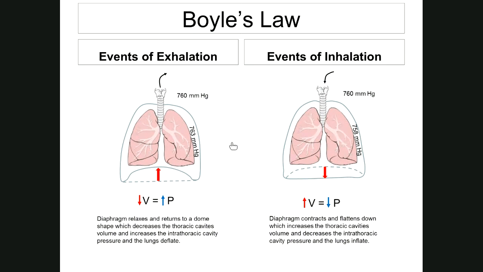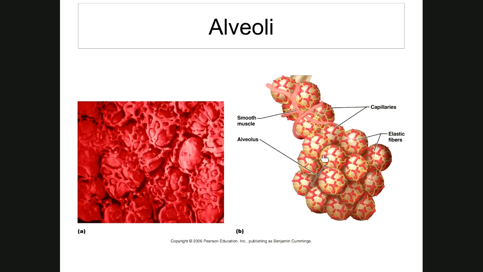Now we have something called eupnea, and that's in your notes. It says normal, quiet breathing. This is only the elastic recoil of the lungs. We didn't look too closely, but let me show you something real quickly. Up here, around these alveoli, there's smooth muscle, and there's elastic fibers that help you exhale because it collapses the alveoli when you exhale.